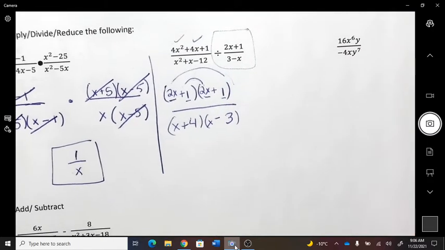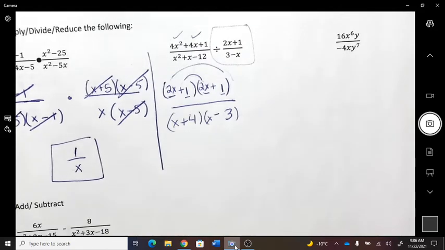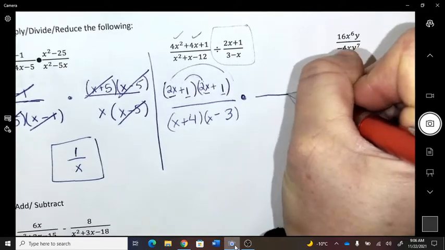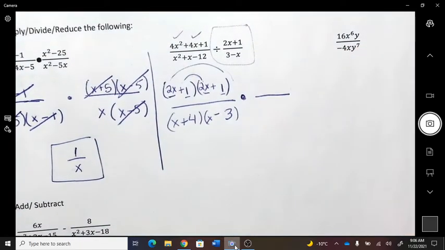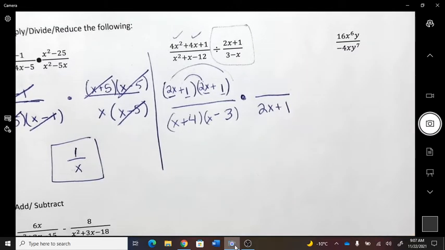Okay, what do I do with this whole piece right here? Dividing by fraction. What do you do? Times and flip it, right? So 2x plus 1 is going to be on the bottom. There's nothing I can do with it, so I've written it already.